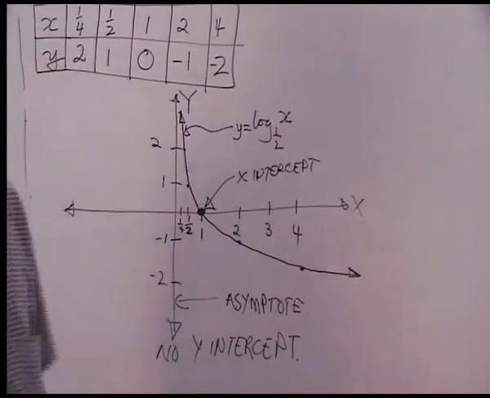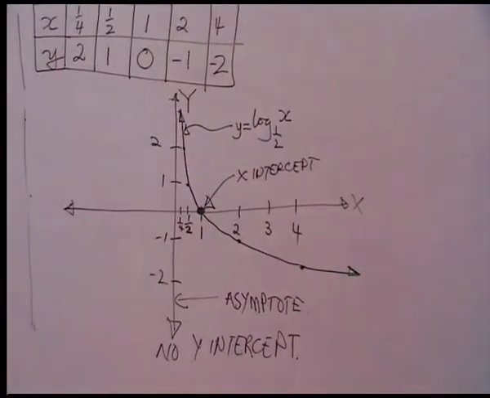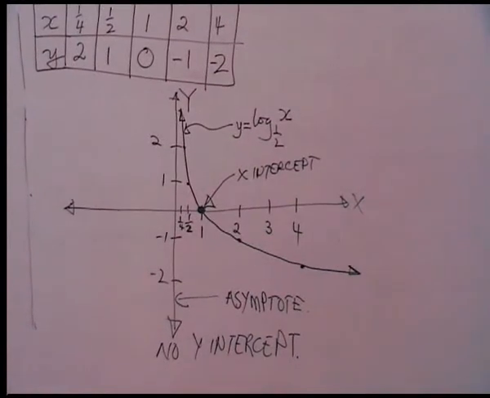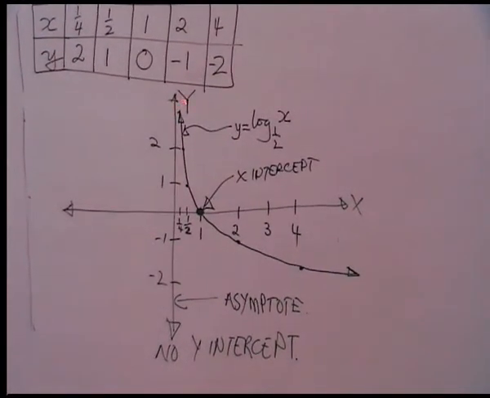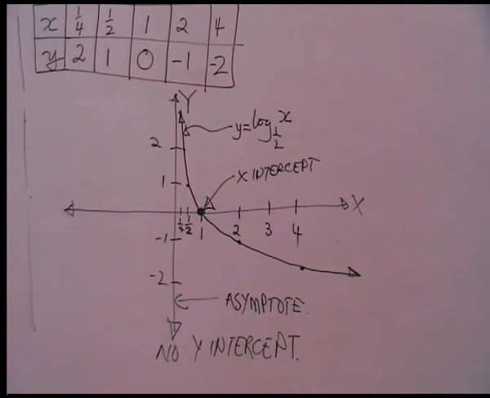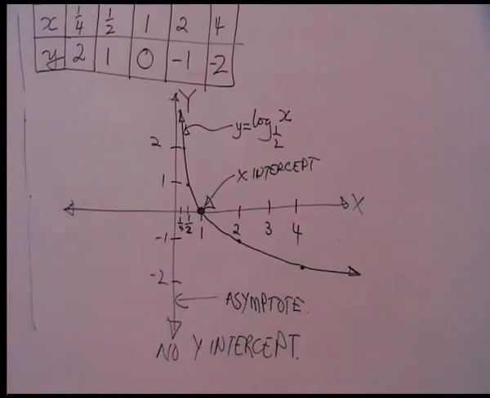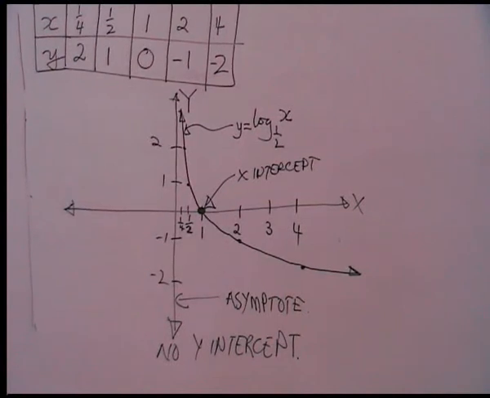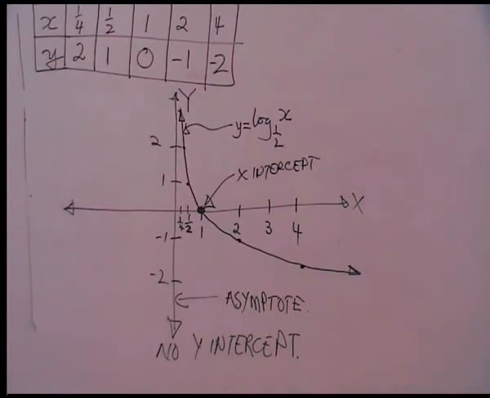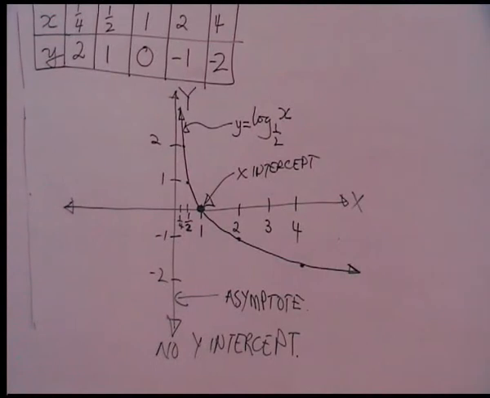This graph does not have a y-intercept, because that graph will go very close, but it will never touch. If it never touches, it will never cut. If it never cuts, there will be no y-intercept. So we're coming to graphs now where this graph has got an x-intercept, but it does not have a y-intercept.